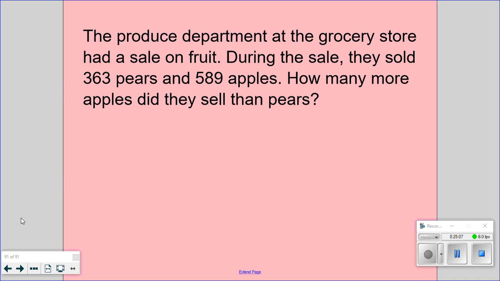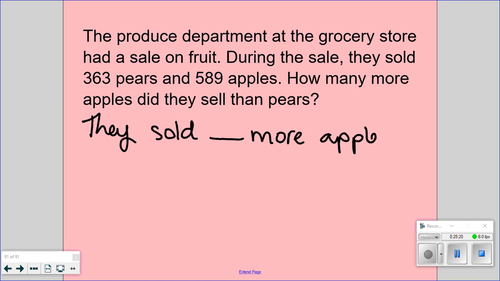Go for it, Heidi. They sold... Beautiful. I'm writing, you're writing. They sold blank more apples.